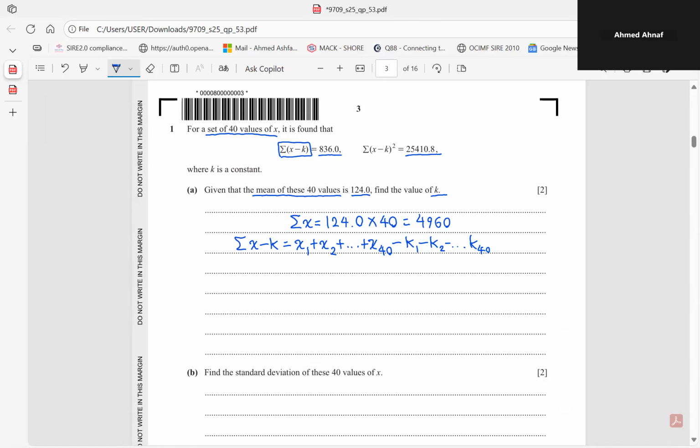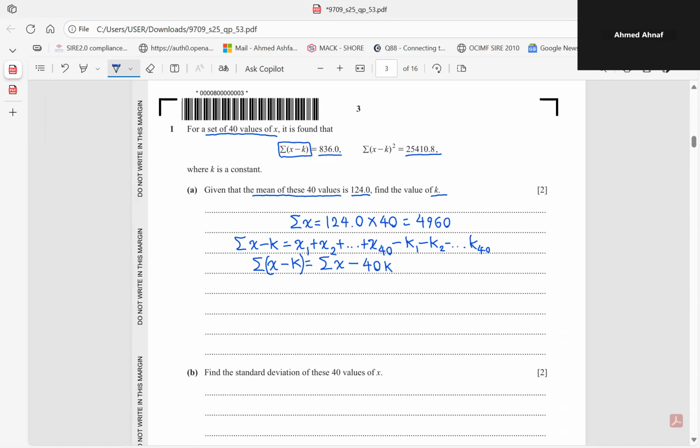It's minused by k 40 times. So this one, we can just rewrite as x1 to x40, that's sigma x, and then this is minus 40k. Okay, so this is how we can rewrite this expression that we're given in there.